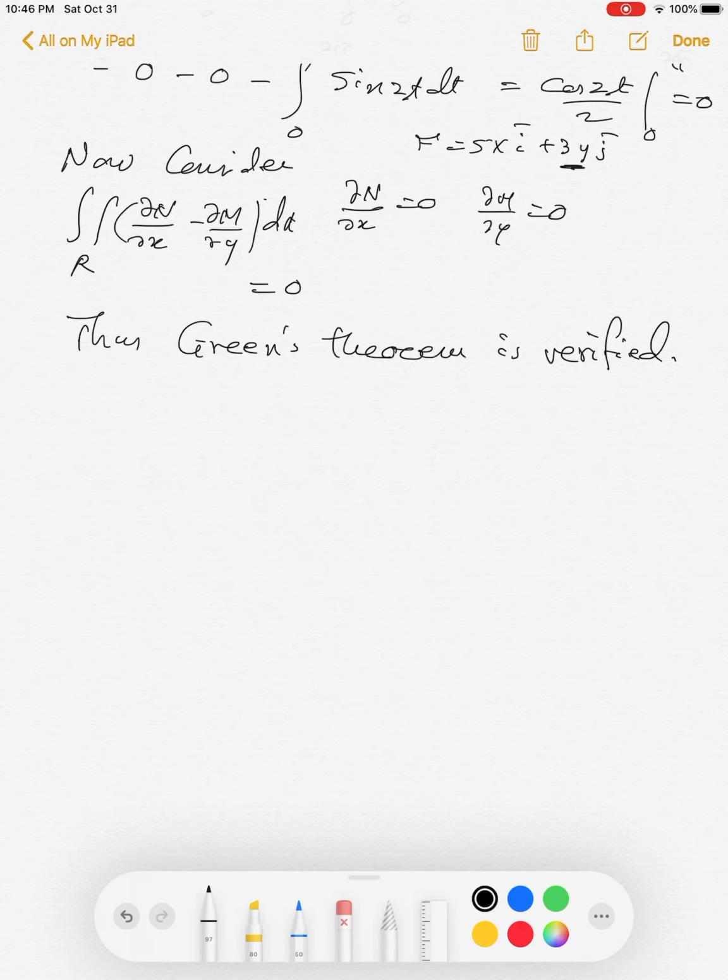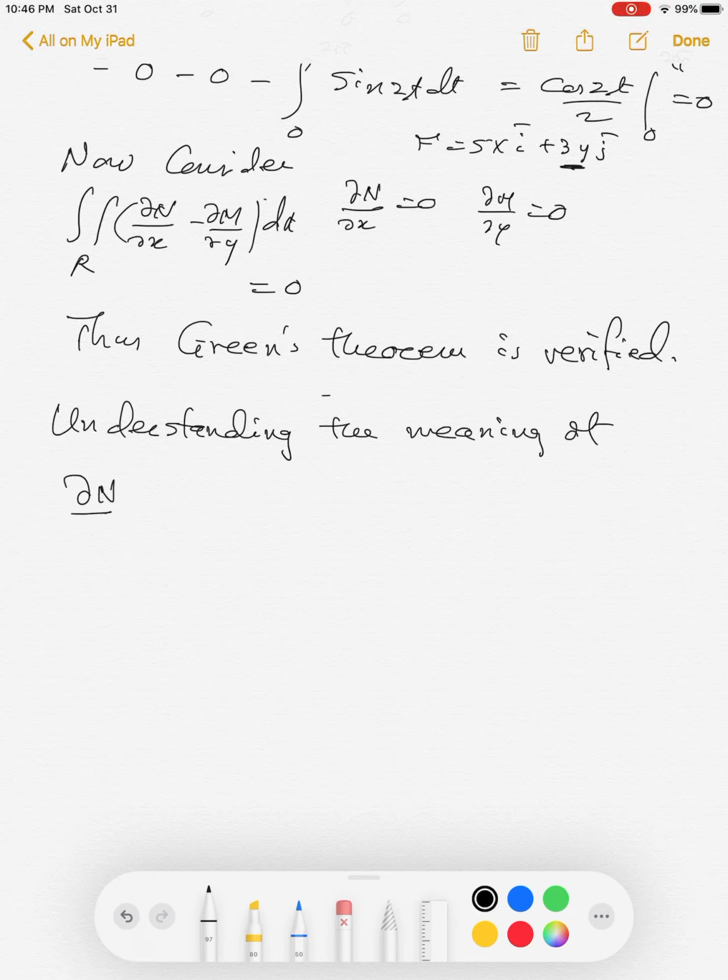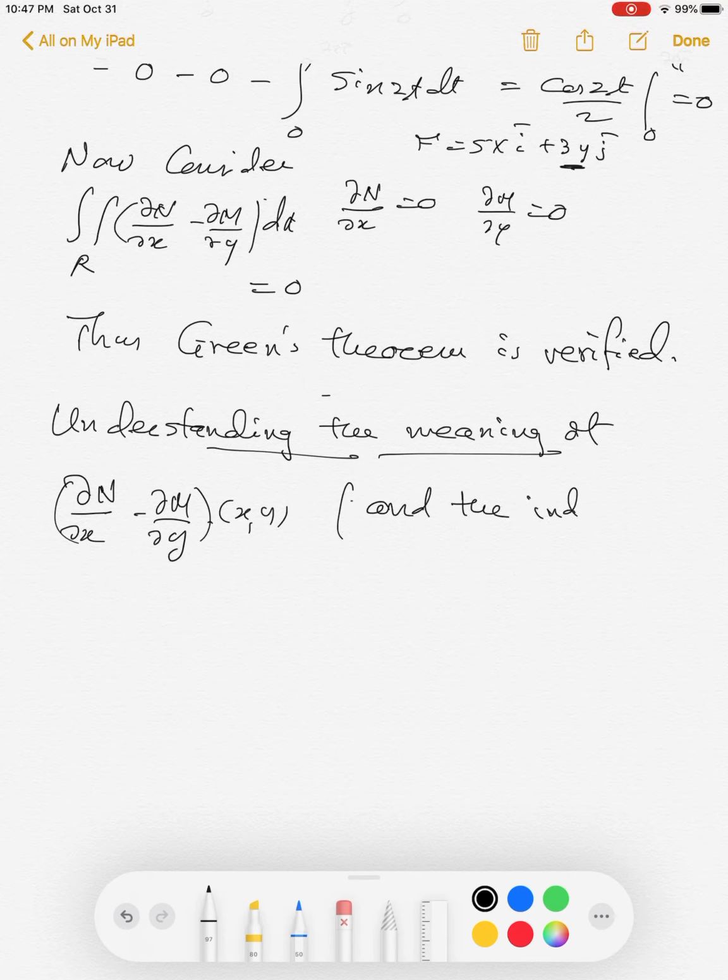Good. So now I will tell you the meaning of the right hand side. Let me give some explanation to understand the meaning of this quantity dN/dx minus dM/dy at a point (x, y).